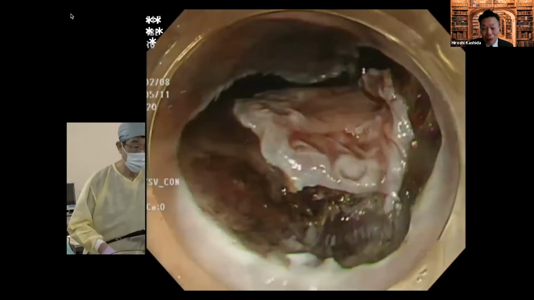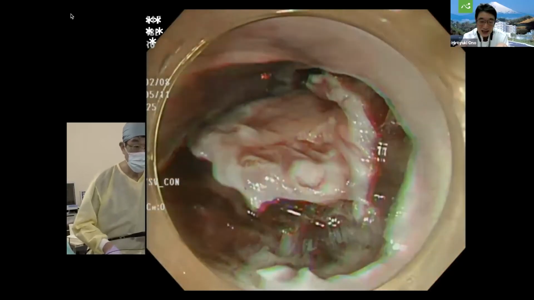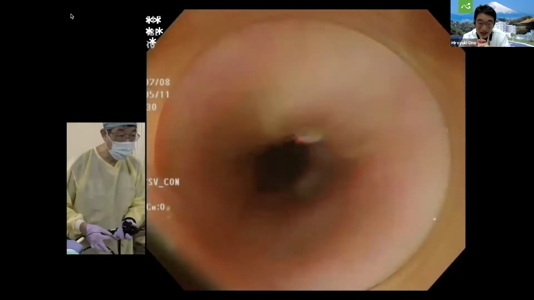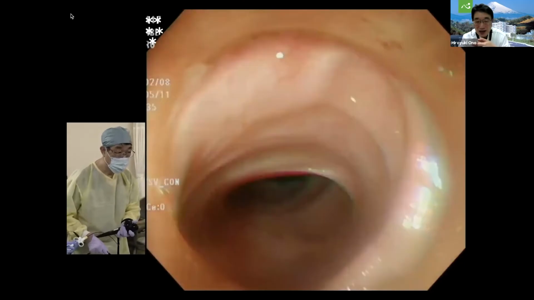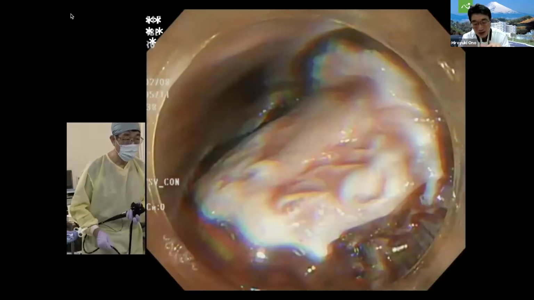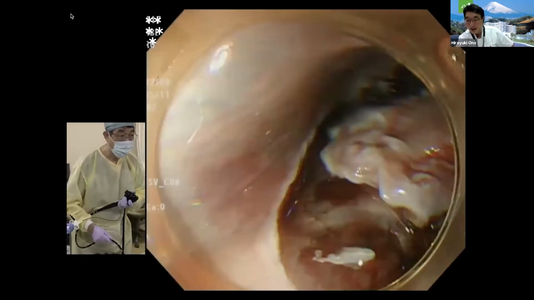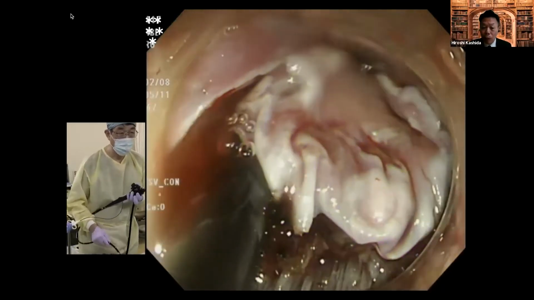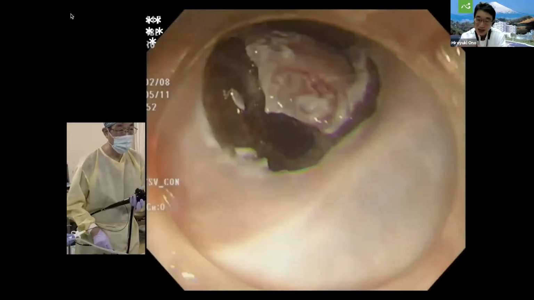So after circumferential dissection, I start to dissect this proximal area. I think I can see the muscle layer now. Because I cannot see the submucosal layer in the proximal part, maybe this area has adhesion between the submucosal layer and the muscle layer.